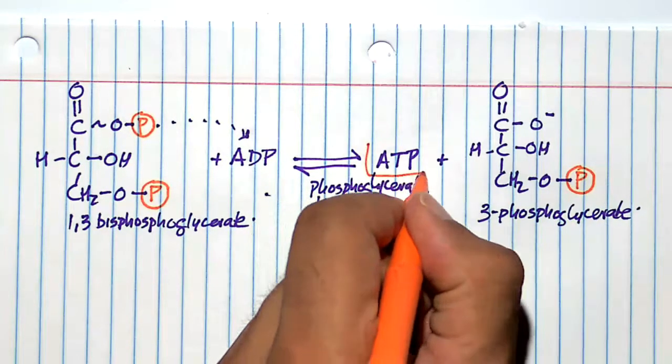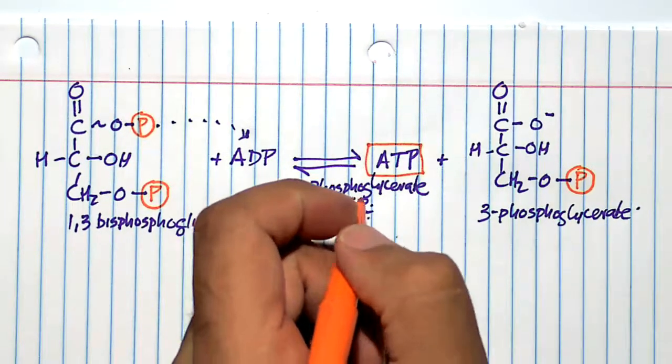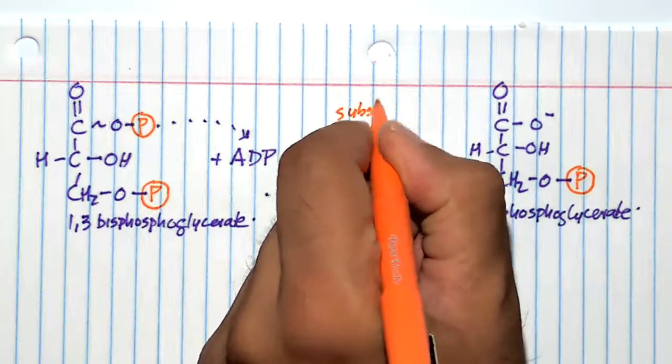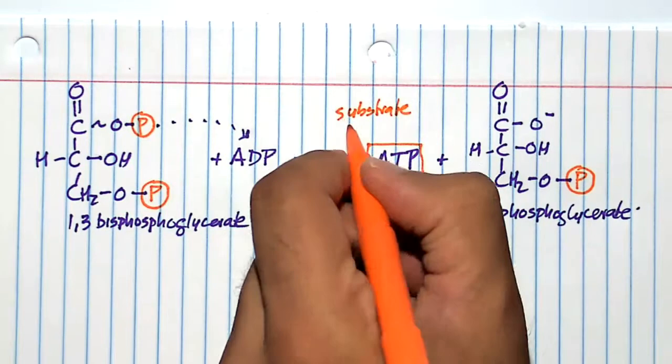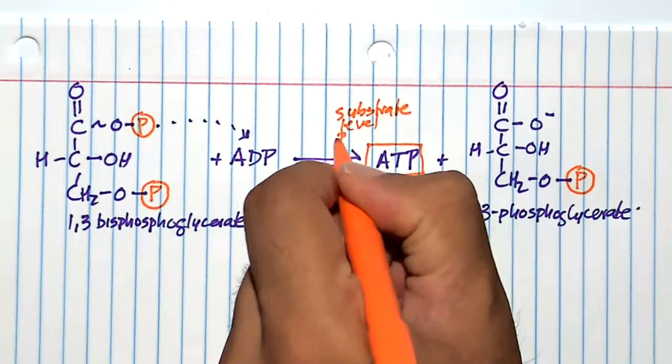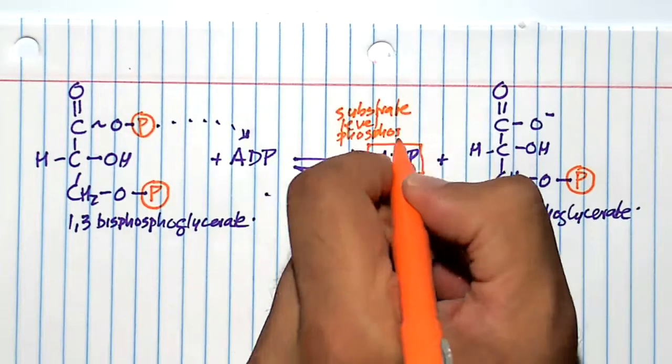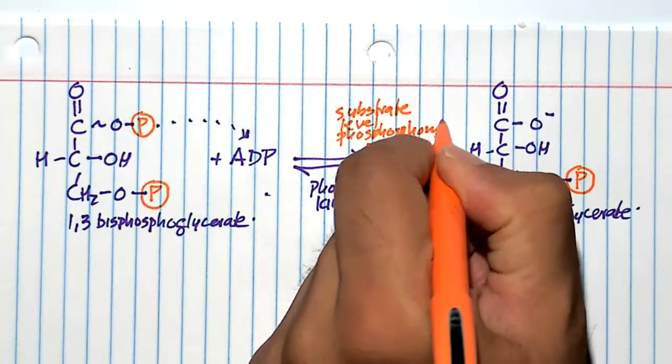Okay? This type of generation of ATP, from a high energy molecule within itself, is called substrate level phosphorylation. We contrast that with oxidative phosphorylation, which mitochondrial aerobic organisms utilize.